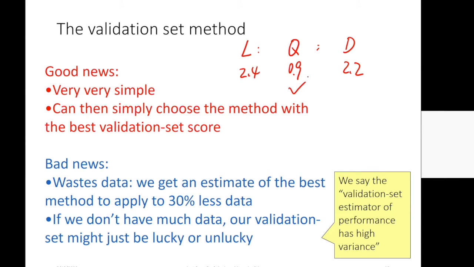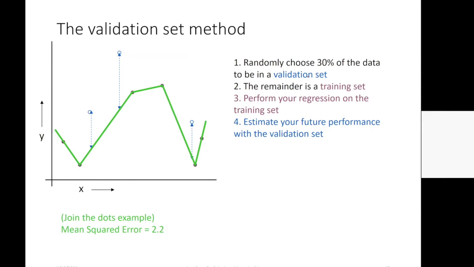So this is an extremely simple method, but there's a little issue here: you leave out 30%, so you have only 70% to train the model. And in this case I showed you 3 points I picked as left out, but it's actually a random subsample.